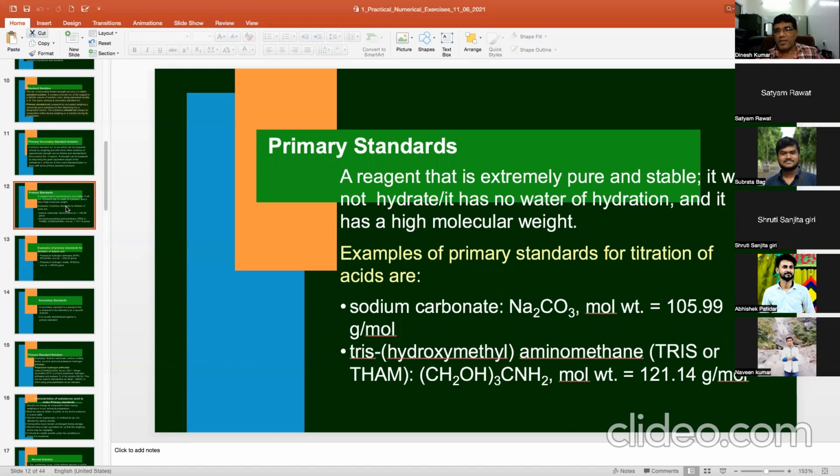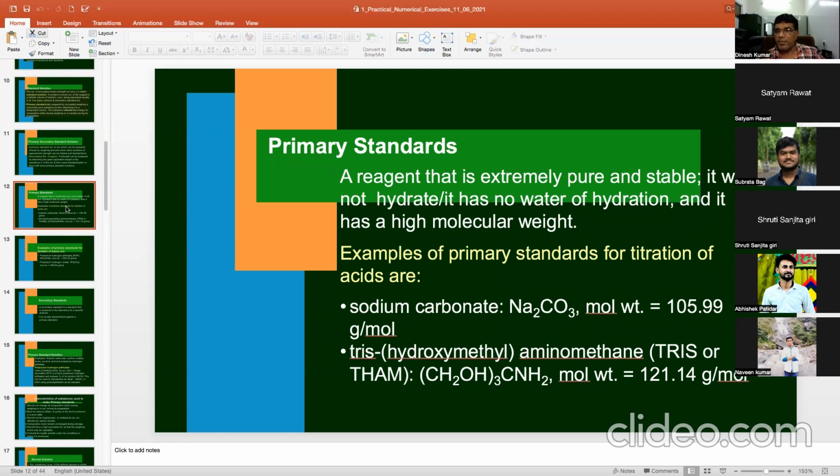A reagent that is extremely pure and stable, it will not hydrate, it will not get water into it, it has no water of hydration, and it has a high molecular weight. High molecular weight means you will need more quantities, then error will be less. Examples of primary standard for titration of acids: sodium carbonate can be used to prepare primary standard solutions.